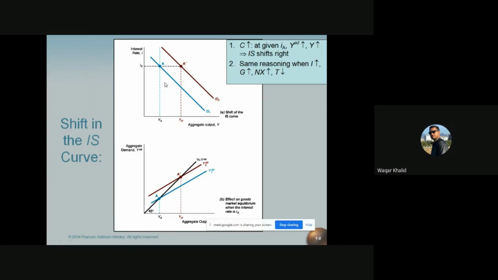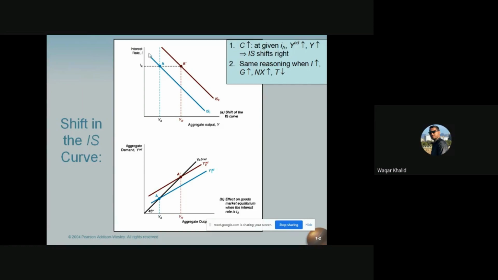We have plotted this change here in panel A. This is the original point, point A, and this is the new point on the new IS curve, which is IS2. And we have YA dash, the new level of aggregate output, and we have the fixed interest rate. It means that we have a movement from point A to point A dash.